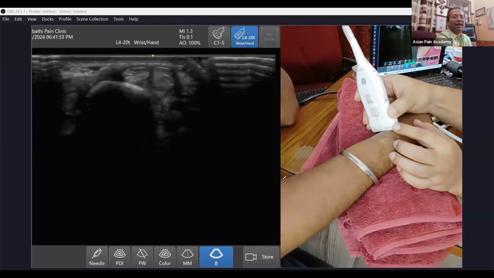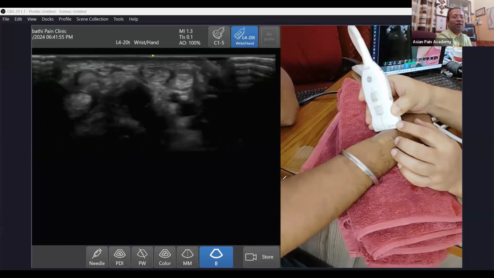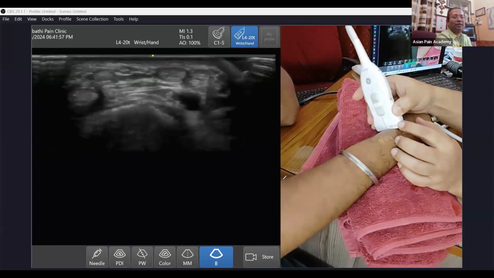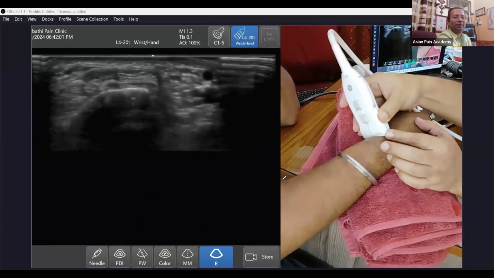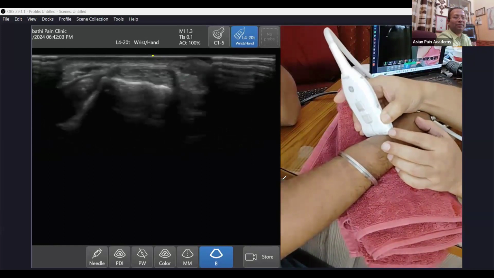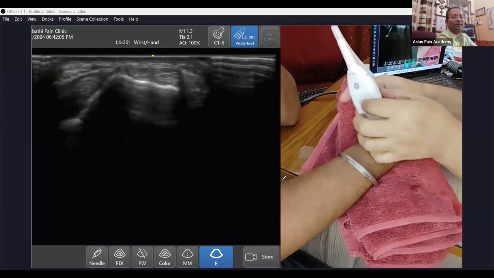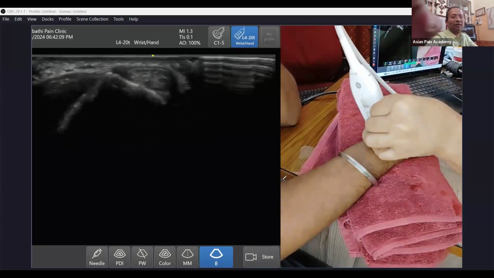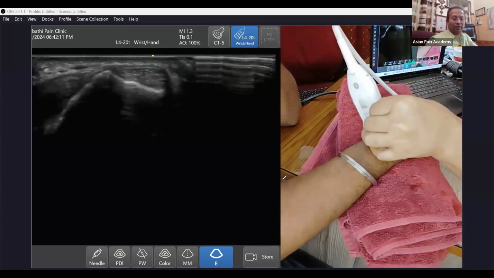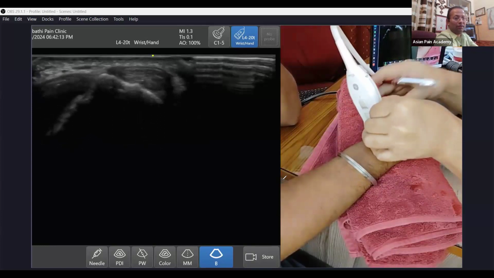But again, after coming out from that compartment, then again we can see the honeycomb appearance a bit. Just moved.